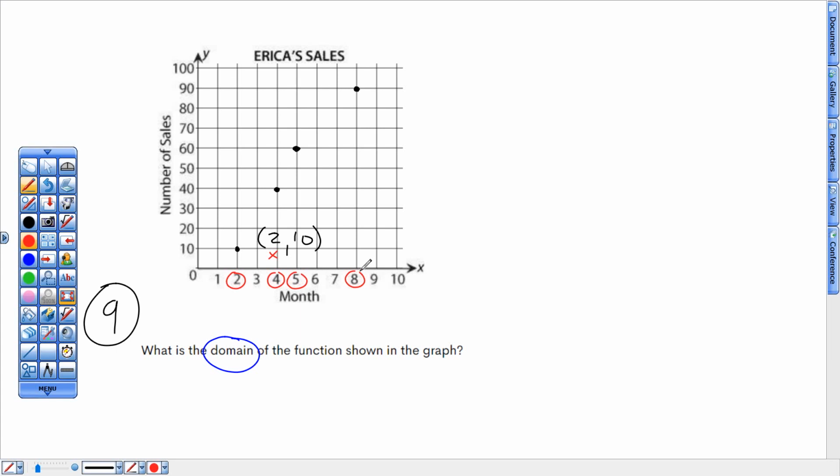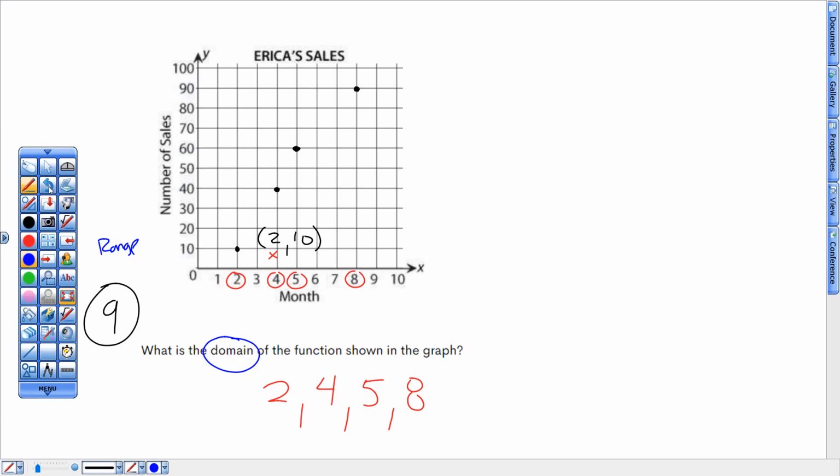The x values, list those x values for those coordinates. So that's 2. The other x is 4. Then I got a 5. And then way over there at 8. If I wanted the range, those are the y values for that data right there. But this problem is not having you list the range.